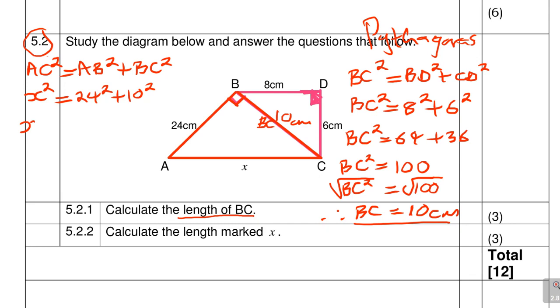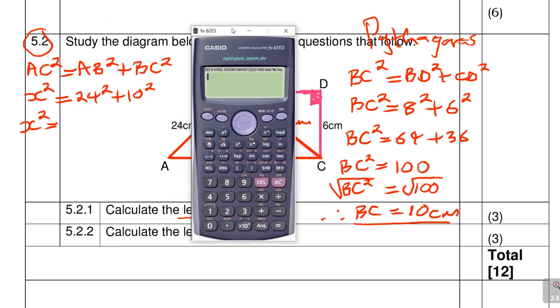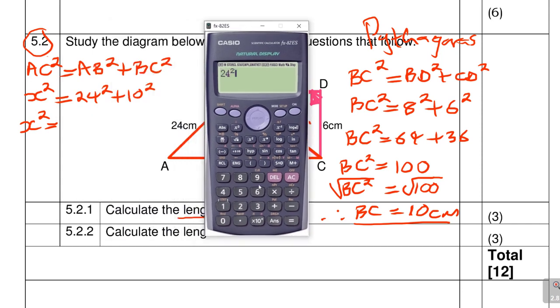Then you have X squared is equal to, now you need a calculator for 24 squared, let me grab hold of a calculator for my side. 24 squared is equal to 576. And then plus 10 squared, 576, which is 676.